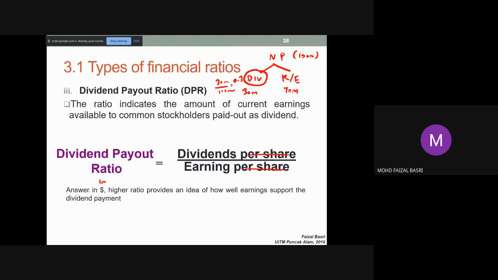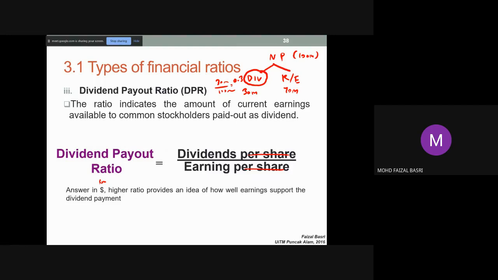So here the answer is in ringgit. The higher the ratio indicates how much earnings you can get from your investment. Here, if it is 30 cents, it means for every RM1 of net profit, you're going to get 30 cents as your returns.